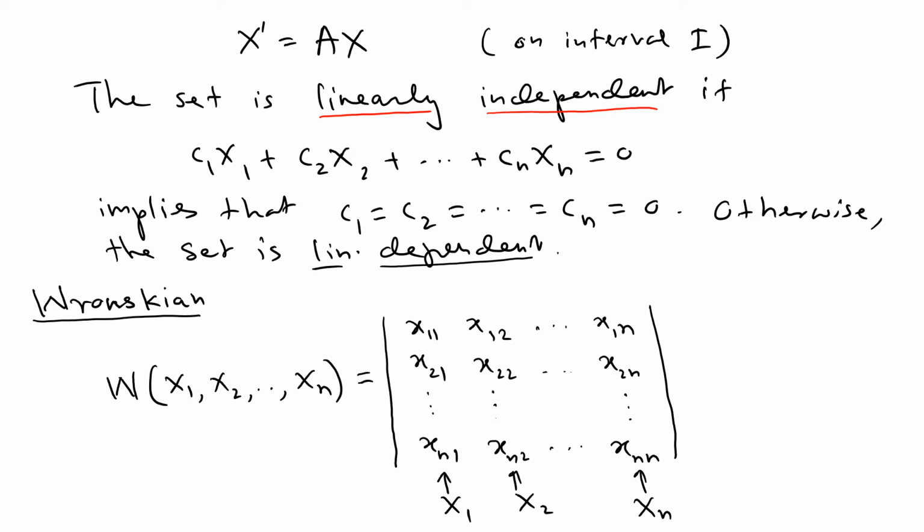So what we can do is check whether this determinant is not equal to 0 for some, not all, for some t naught in the same interval I. As before, we only need just one number that makes this not equal to 0.